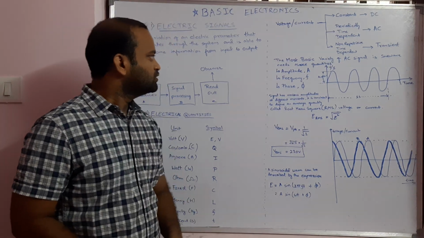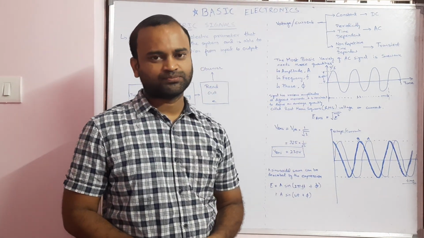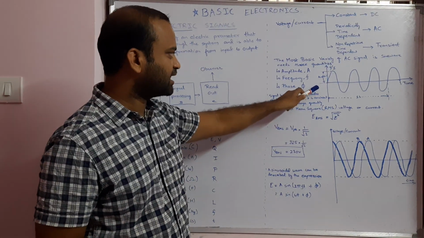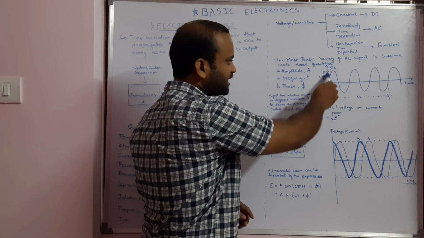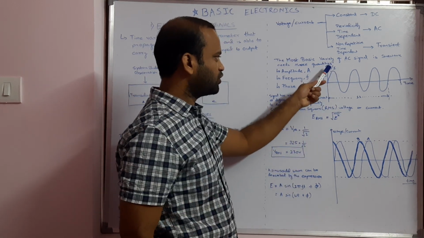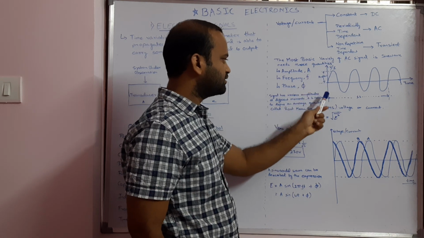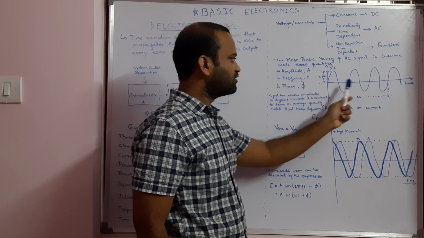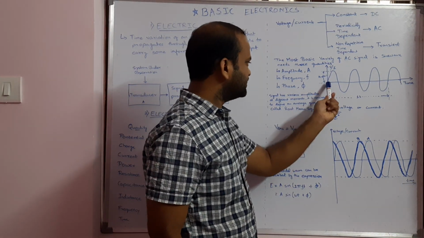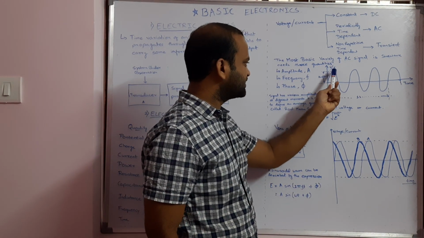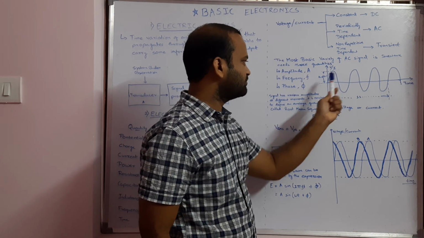The most basic variety of an AC signal is the sine wave. You can see in this diagram the sine wave. If you talk about voltage, the vertical axis is the voltage axis, and horizontally it is the time axis. This is the amplitude of the signal, and it is changing with time.